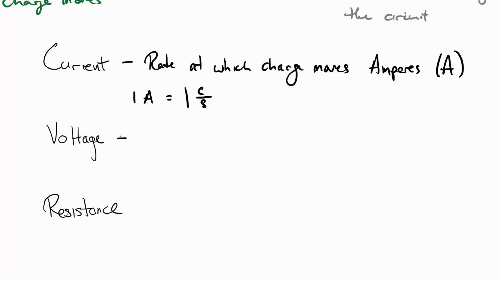Voltage and electric potential energy are not exactly the same thing, but you can think of it as a measure of the electric potential energy in the circuit. Strictly, it's the electric potential energy per charge, but we're not going to worry about that.